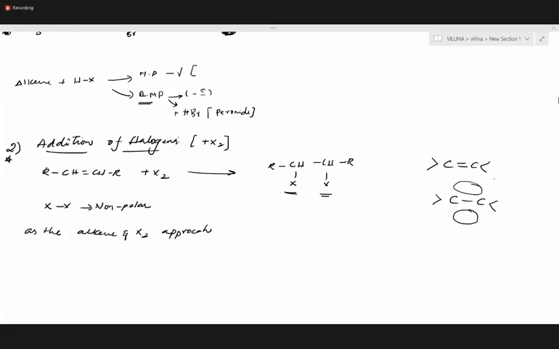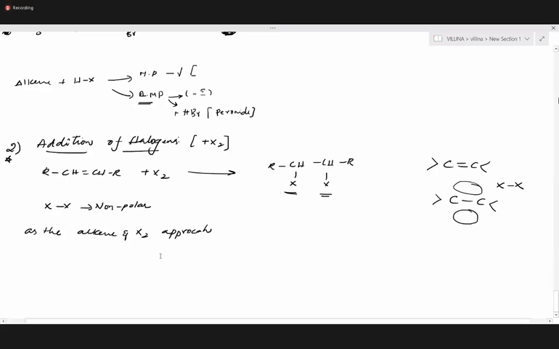Here, when it comes to halogen and alkene, we have a weak pi bond with the pi electron cloud above and below the carbon-carbon bond. Second, we have the halogen-halogen bond, which is a non-polar bond. But we all know this pi bond is not fixed. The electron cloud is not fixed. It is a delocalized bond.